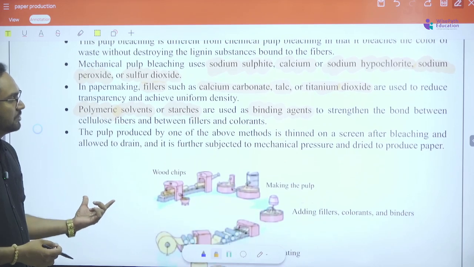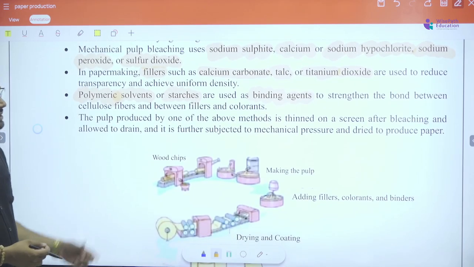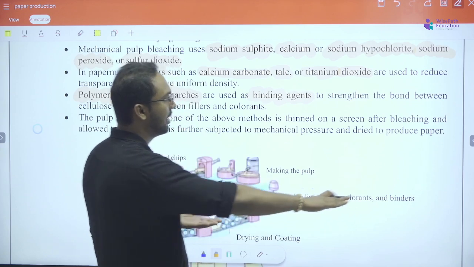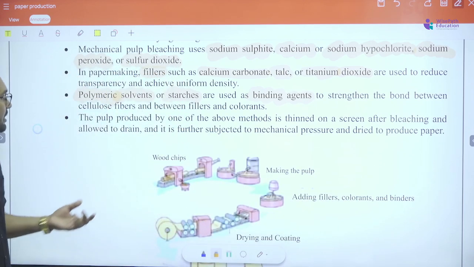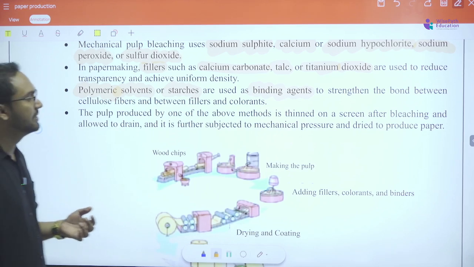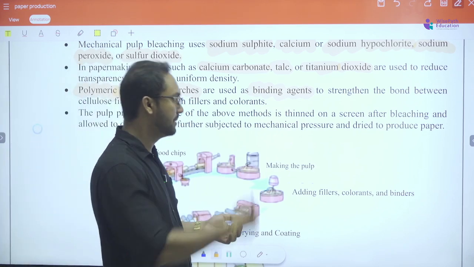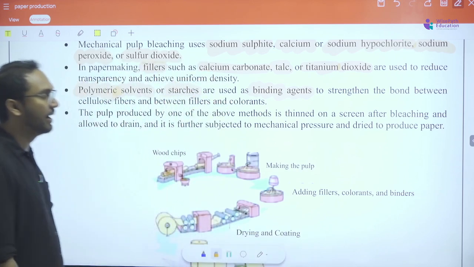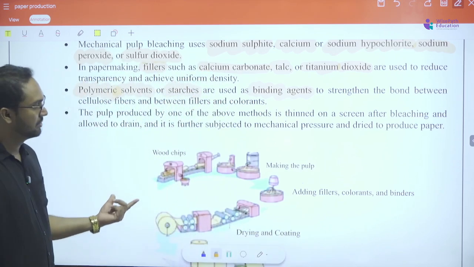The pulp produced by one of the above methods is thinned on a screen after bleaching and allowed to drain to remove the water, and is further subjected to mechanical pressure to remove the excess water and dried to produce paper, right? So this is how it happens.